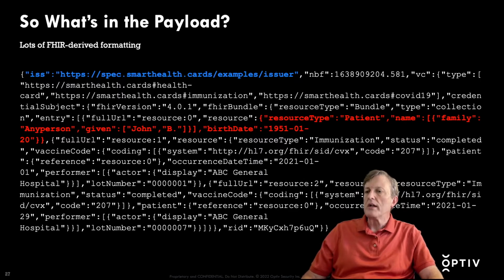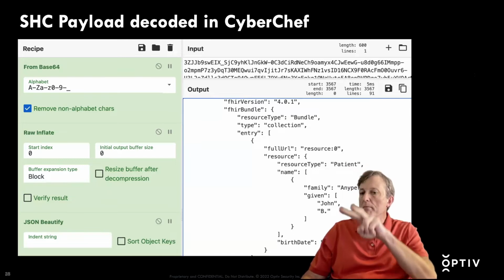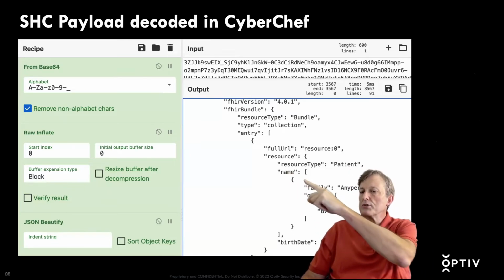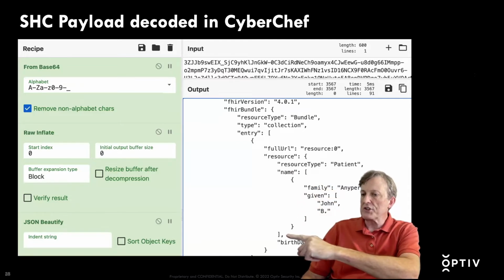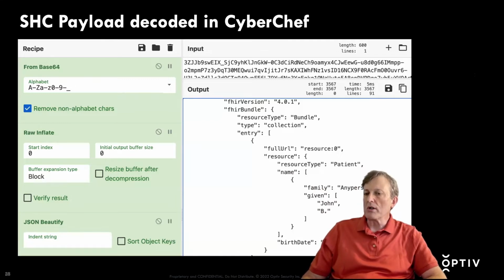That gets encoded, deflate compressed, and then base 64 encoded in that payload. And just to show you that it is really using very standardized stuff, you can fire up CyberChef and clip the middle part out of a smart health card, and all you've got to do is use From Base64, then Raw Inflate, and then JSON Beautify, and boom, you can get the smart health card out of the middle.